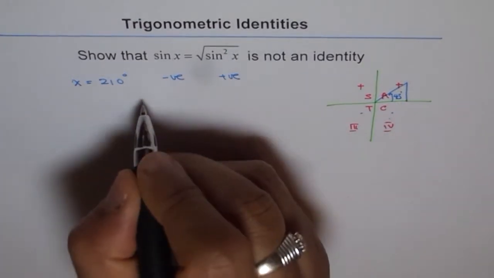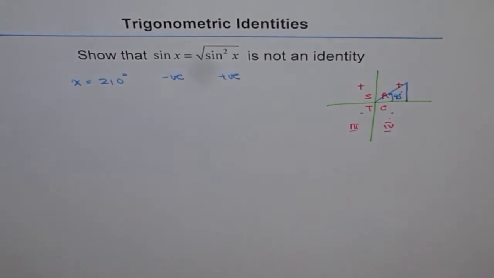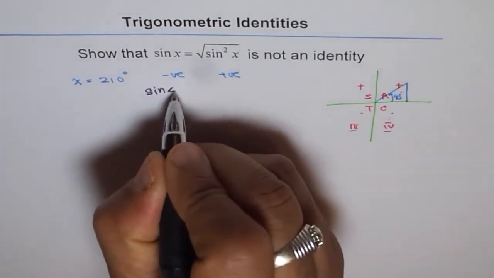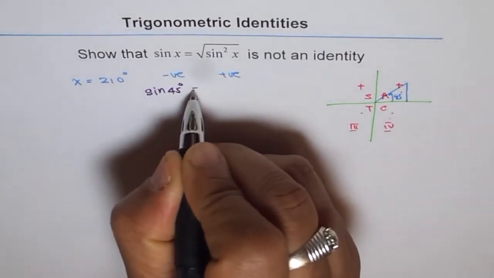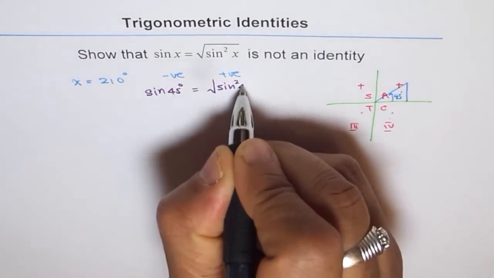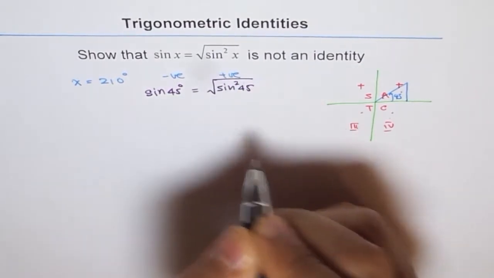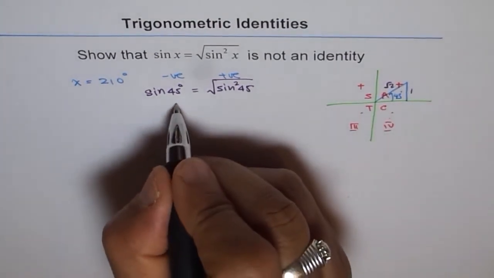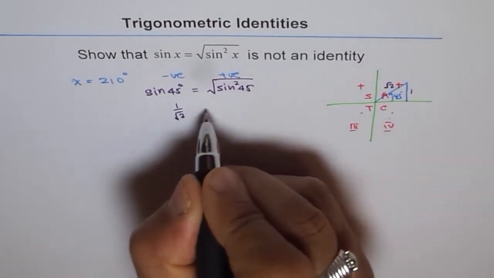So sine of 45 degrees is equal to the square root of sine square of 45 degrees, which is 1 over square root 2. Both sides give 1 over square root 2.